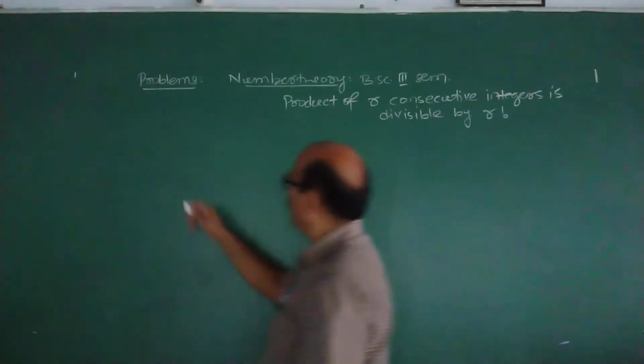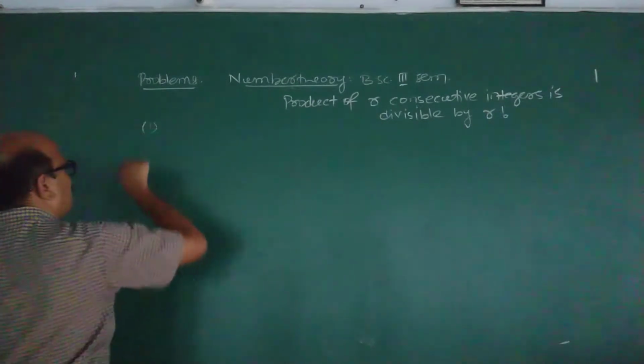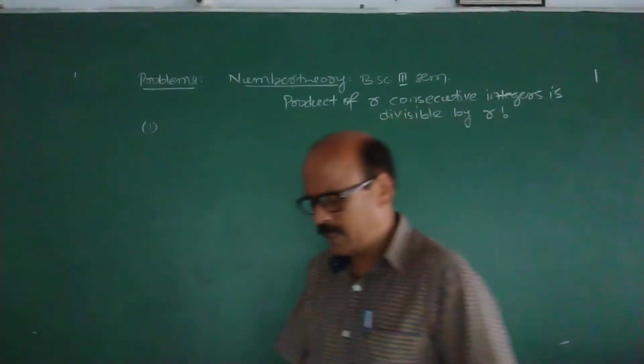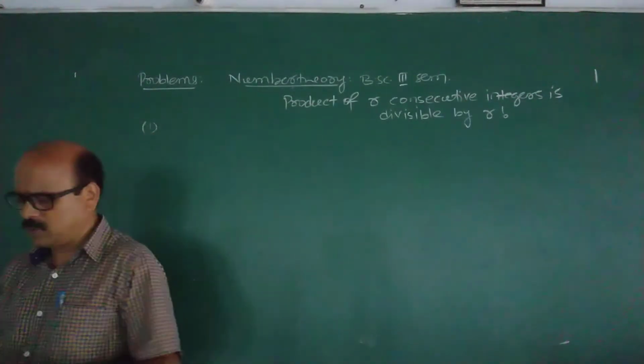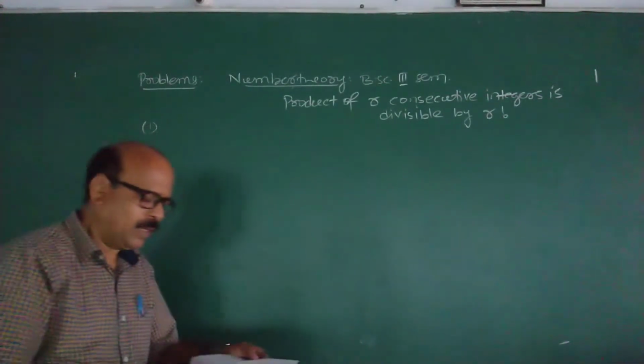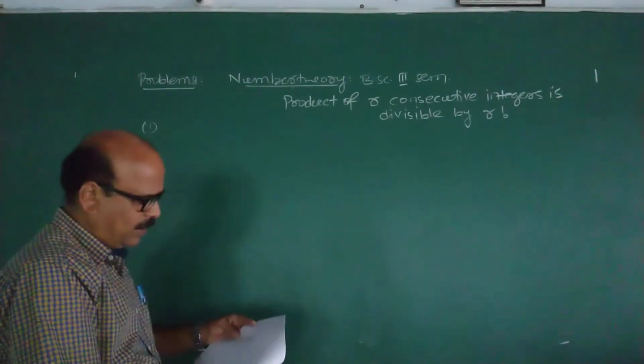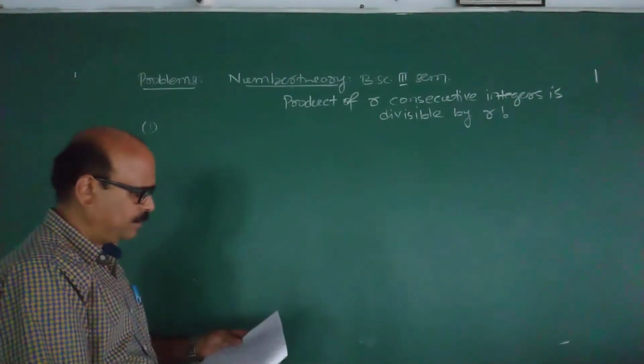I solved some problems on this. I have already solved a few problems, and will take some more problems on this. What is the result? Product of r consecutive integers is divisible by factorial r.